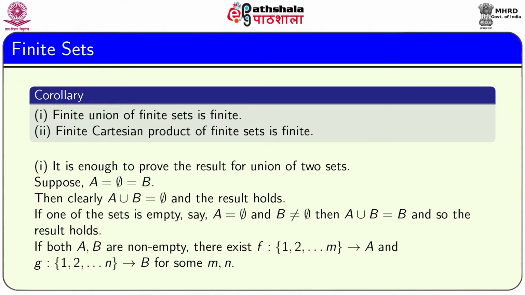So, we choose A and B to be non-empty finite sets. Now, since they are finite sets, we have two functions f from the set 1 to m to the set A, and a function g from the set 1 to n to the set B for some m and n.